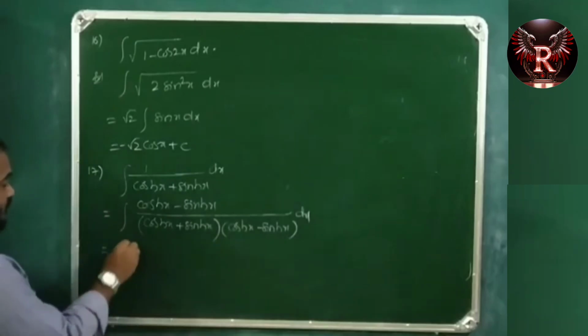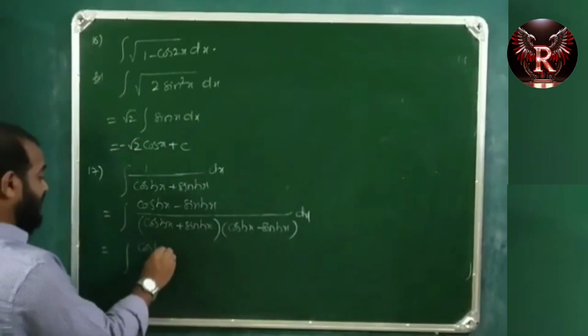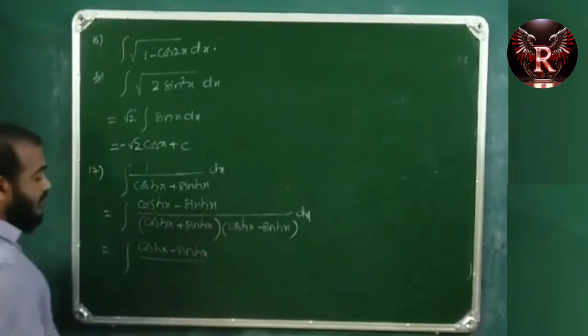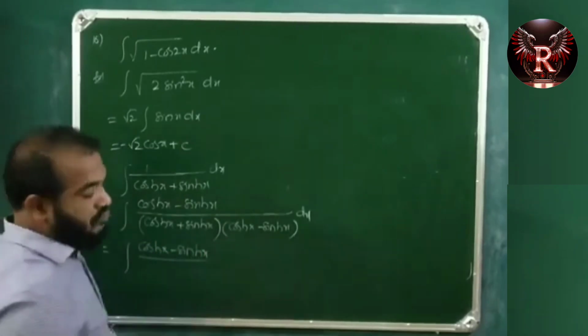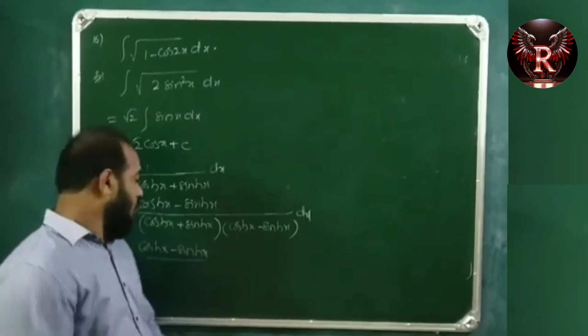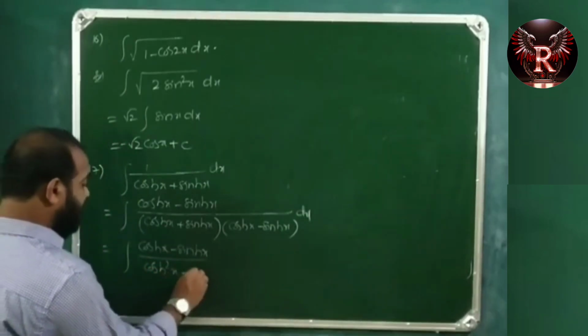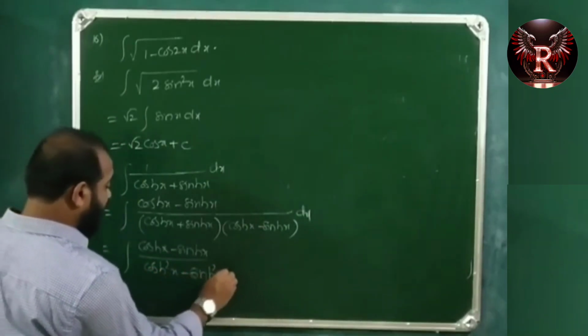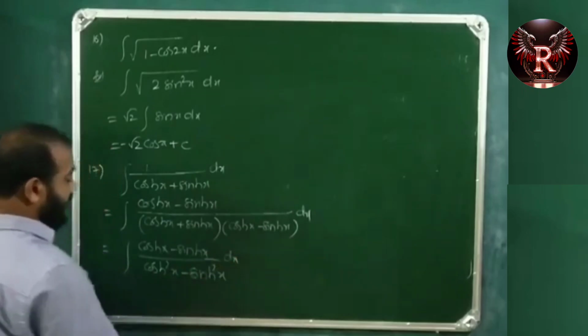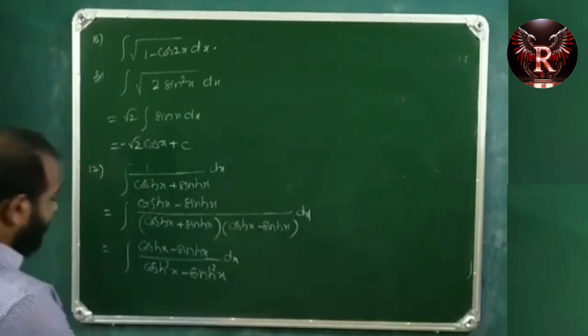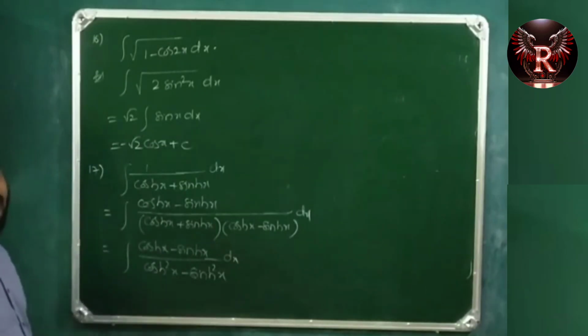So this is equal to cos hx minus sin hx by a plus b into a minus b, a square minus b square. So cos h square x minus sin h square x dx. In the first year we have learned that cos h square x minus sin h square x is equal to 1 in hyperbolic trigonometric functions.